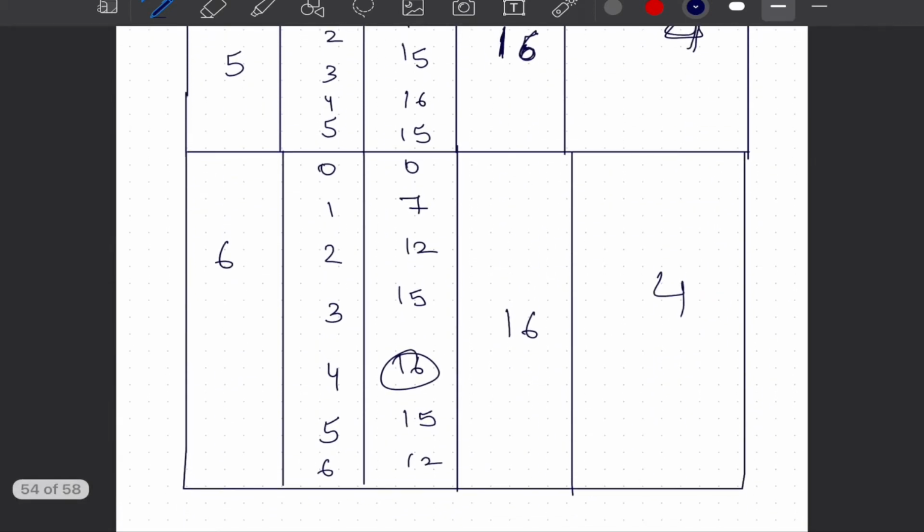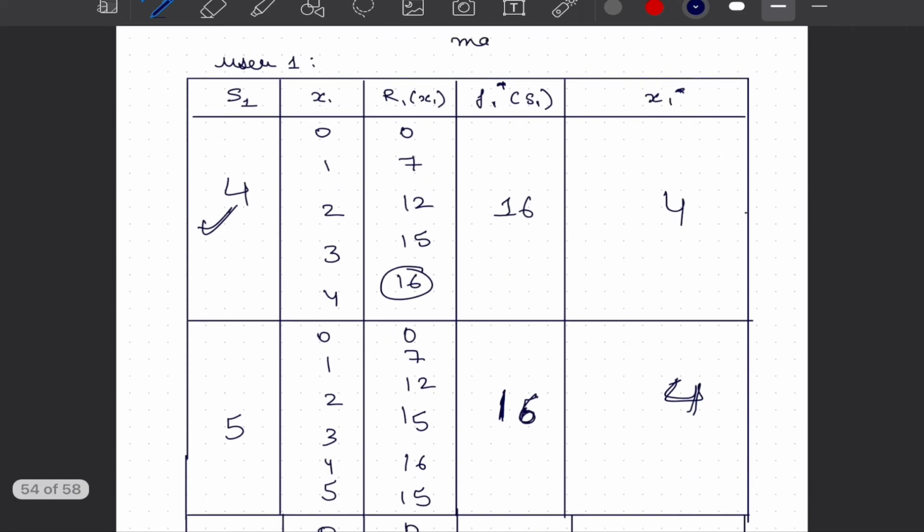We will do 0, 7, 12, 15, 16, 15, 12, and out of that we will allocate again 4, so that would become 16 allocations here at the end of 4.